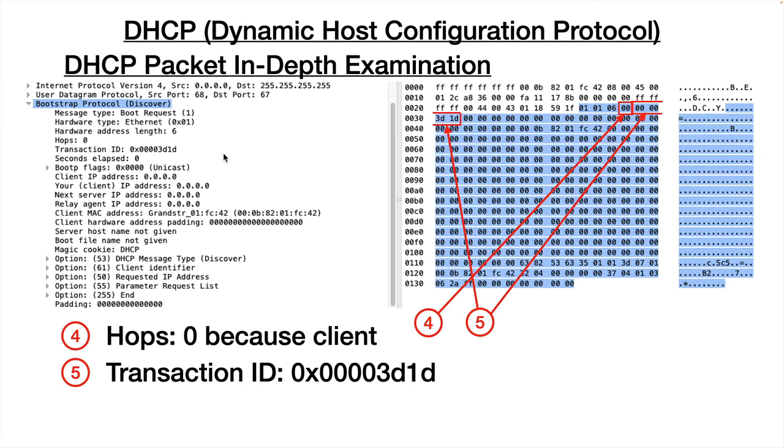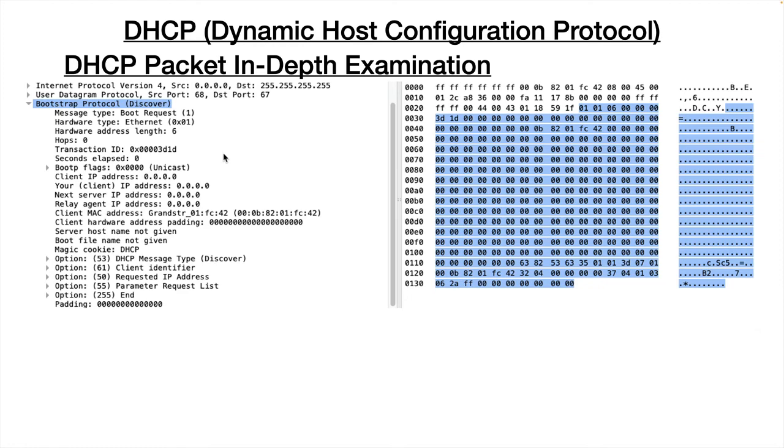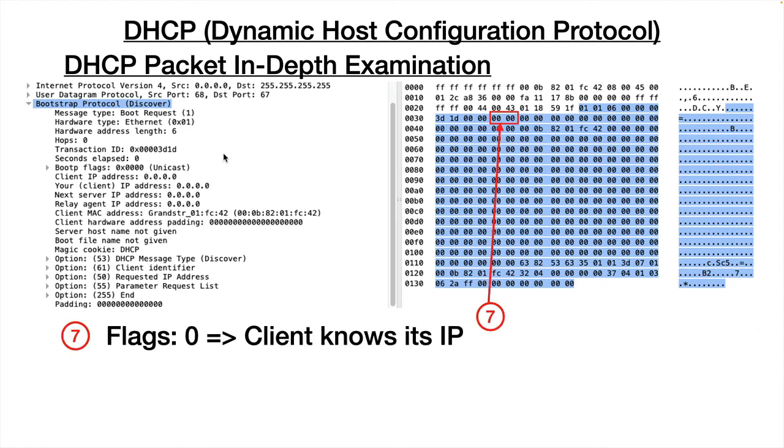We have hops, which is 0 because this is a discover, which means the client is sending this message. Here is the transaction ID. And then the seconds is set to 0. And then our flags are all 0. Again, that makes the first bit 0, which means the client does know its IP address.